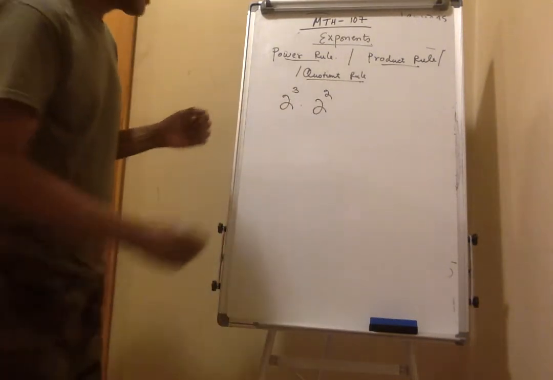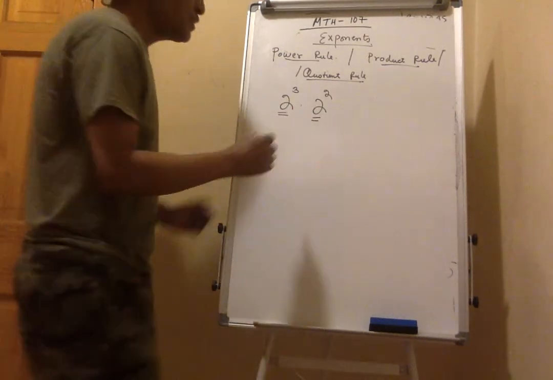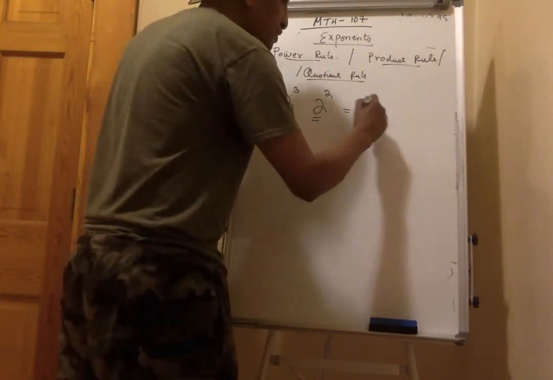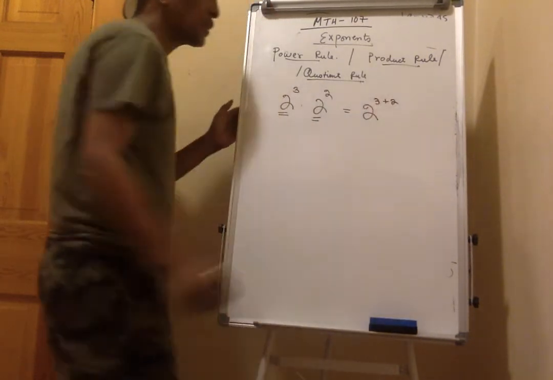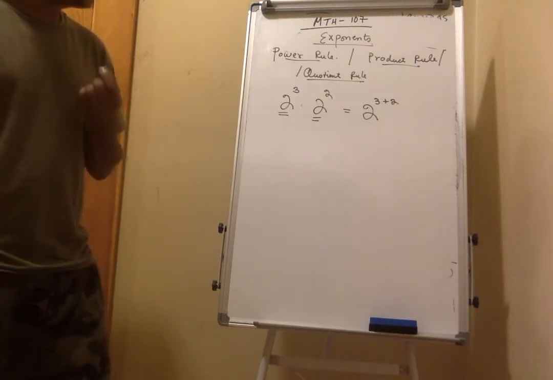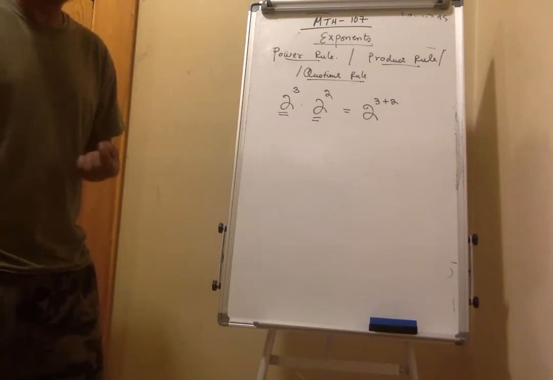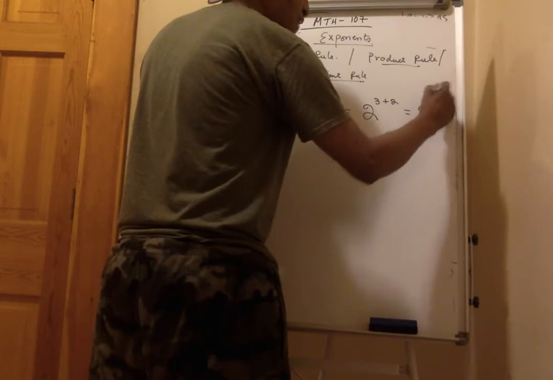Since the base is the same, it is the same as raising 2 to the power of 3 plus 2. Meaning, if you have the same base, when you multiply them, just go ahead and add the exponents. So this would be 2 to the power of 5.